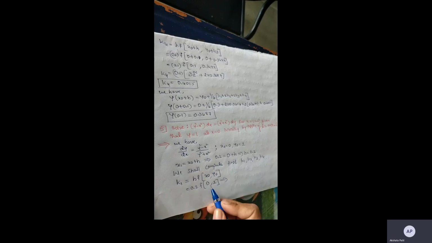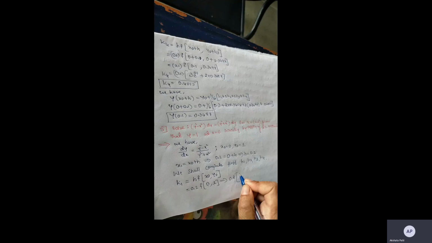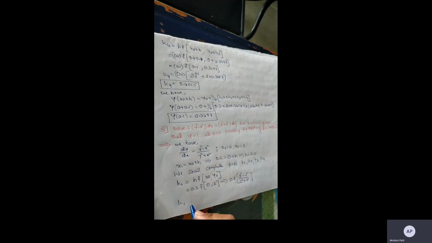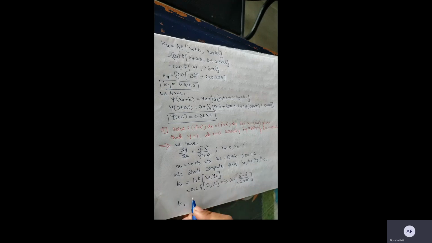Use these in the given differential equation, y² − x² divided by y² + x². So k1 equals 0.2 into (1² − 0²) divided by (1² + 0²). Simplified, k1 equals 0.2. So this is the k1 value.